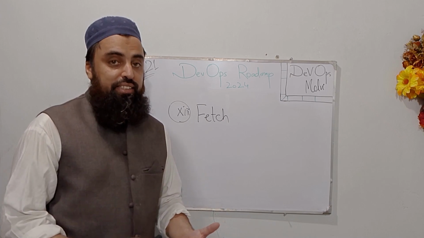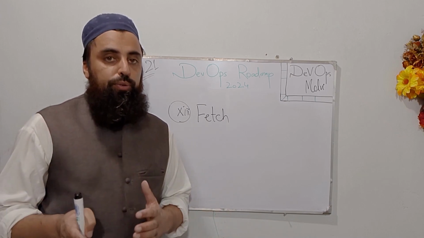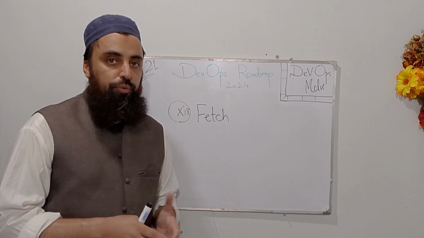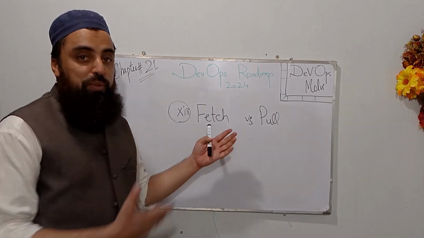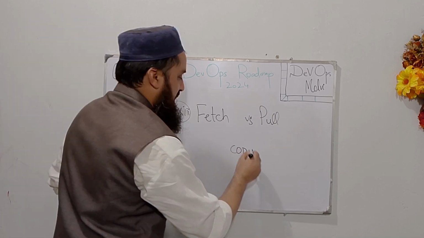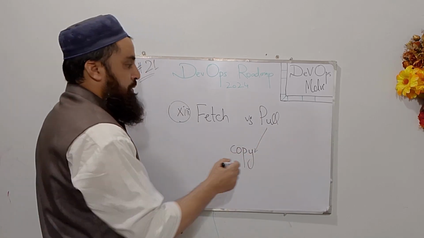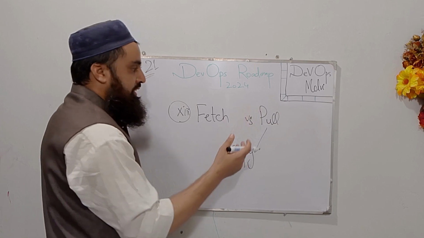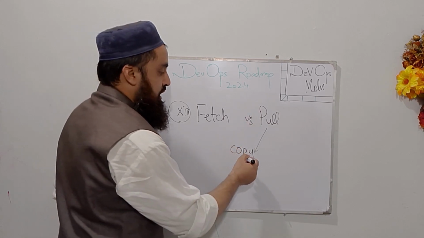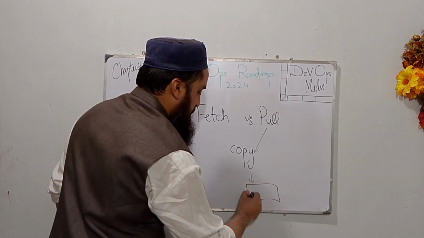And as the name says, git fetch is also used to bring the changes from a remote repository to your local repository. So what is the difference between git fetch and git pull? The main difference is copying the files. When we use git pull, it not only fetches the changes, but also copies all the changes into our local repository.